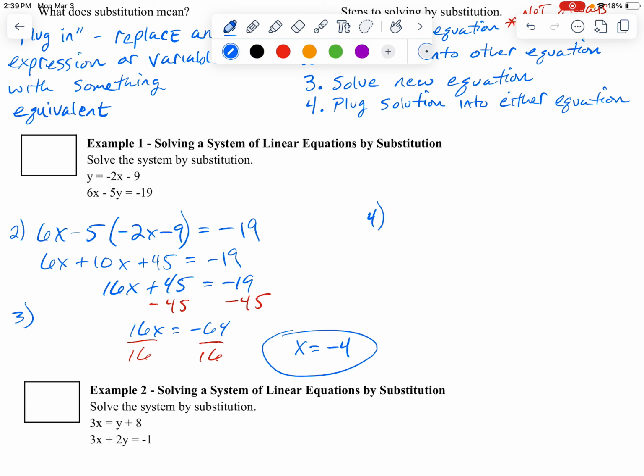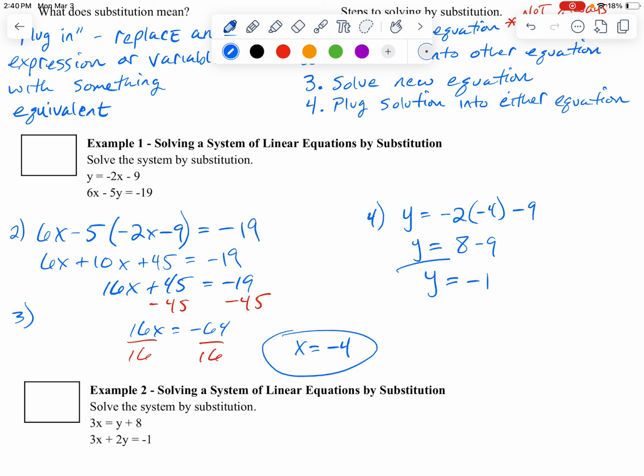So step 4, y equals negative 2 times x, which now I know is negative 4, minus 9. And we just simplify. Negative 2 times negative 4 is positive 8, minus 9, y equals negative 1.